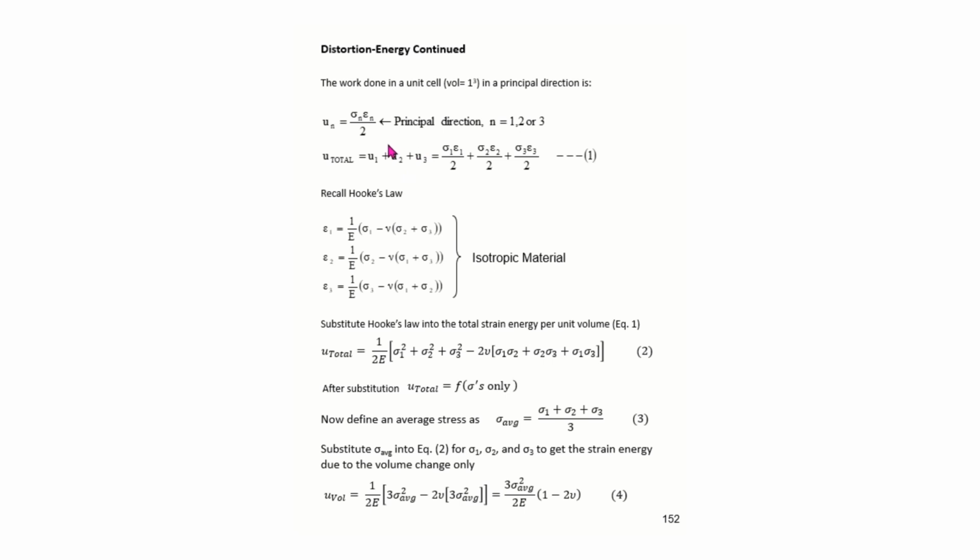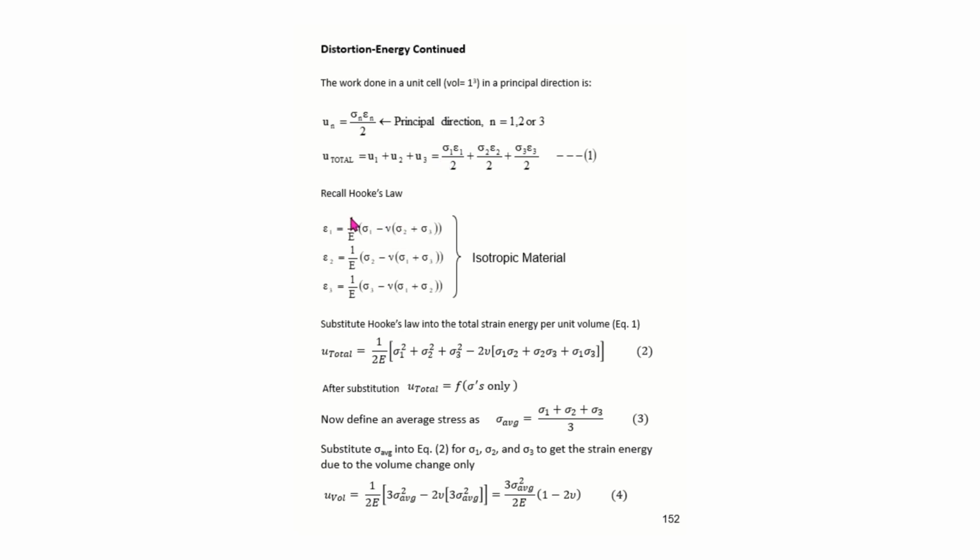So we're looking at all three directions in this case. Then we can expand this as sigma 1 epsilon 1 over 2, sigma 2 epsilon 2 over 2, and sigma 3 epsilon 3 over 2. And this would represent the total strain energy in all three orthogonal, principal directions.